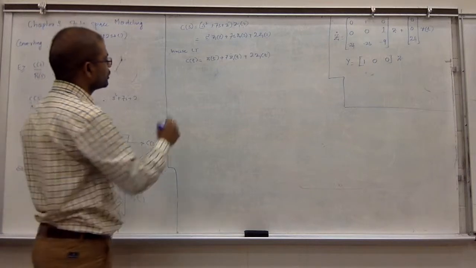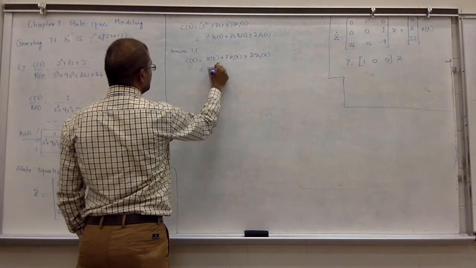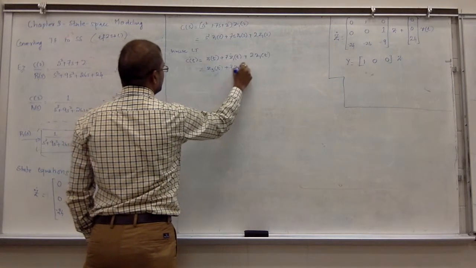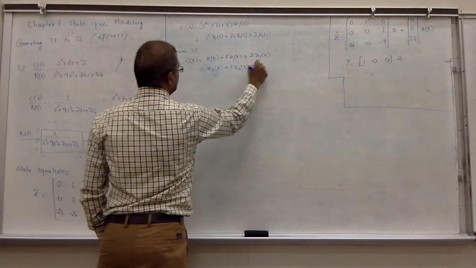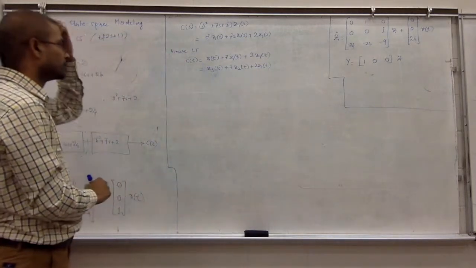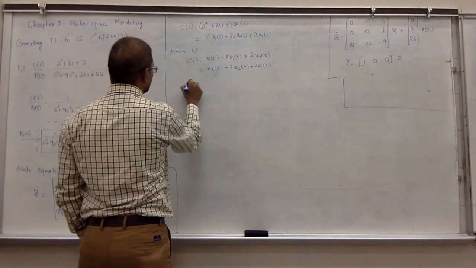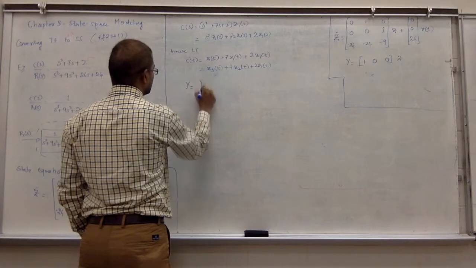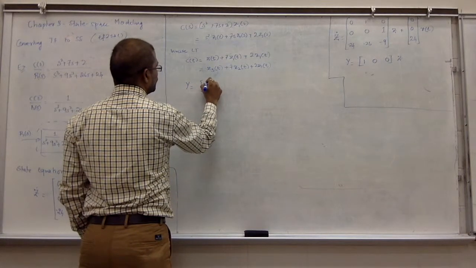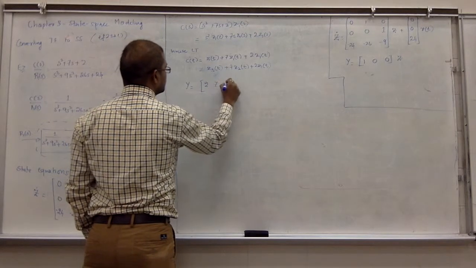What you're going to notice here is this is Z3 of t. This is 7 Z2 of t plus 2 Z1. Okay. So your output equation will look something like this.